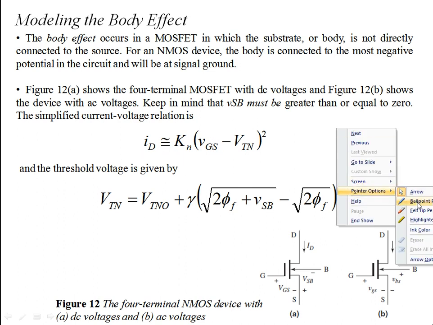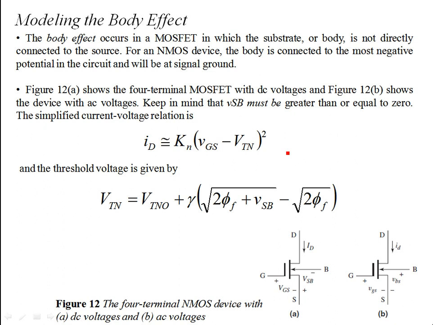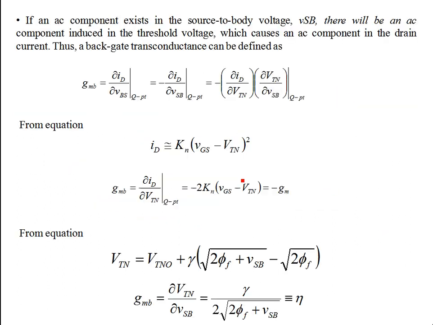So to model this effect, let's consider the back gate transconductance parameter, as we have done for the transconductance parameter of the MOSFET device. Now if an AC component exists in the source to body voltage VSB, there will be an AC component induced in the threshold voltage, which in turn causes an AC component in the drain current.